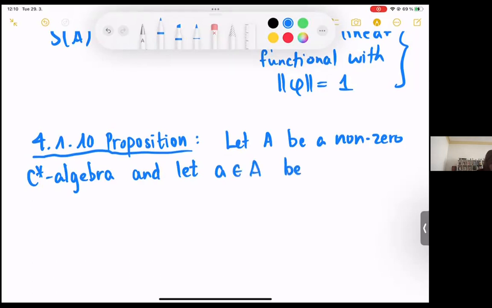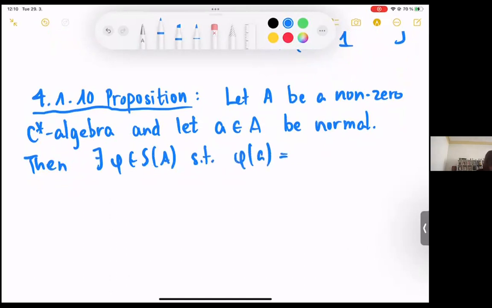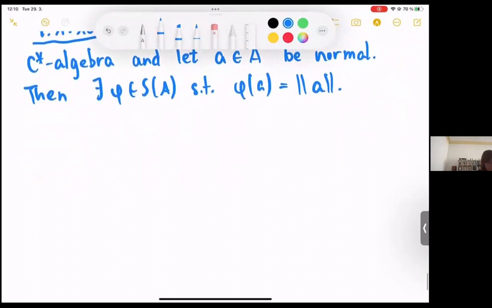Take a normal element A in a non-zero C-star algebra. Recall this is something that commutes with its adjoint. Then we can always find a state phi such that phi of A is just the norm of A.